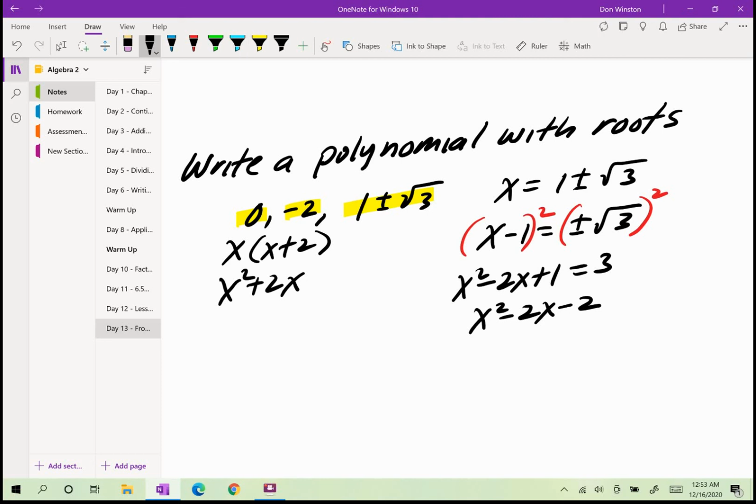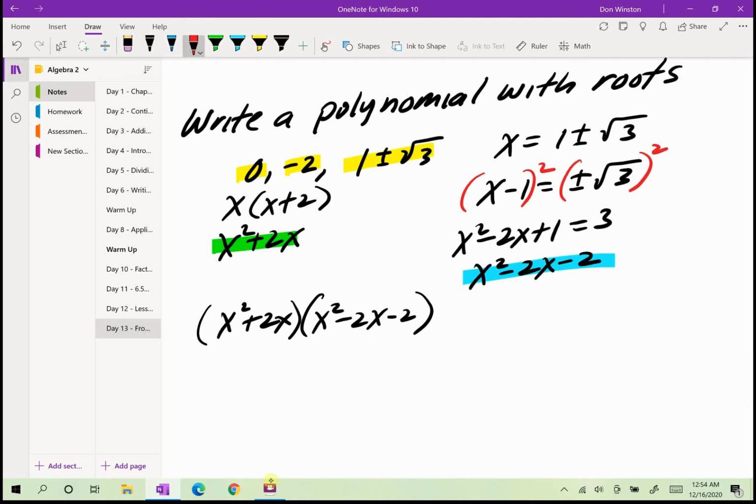All right, so what I'll do is I'll take that and that and multiply them together. So I have x squared plus 2x times x squared minus 2x minus 2. So let's distribute. So that to that, that to that, that to that, and then that to that, that to that, and that to that. So x squared times x squared is x to the 4th.